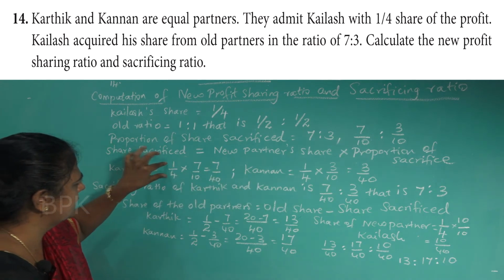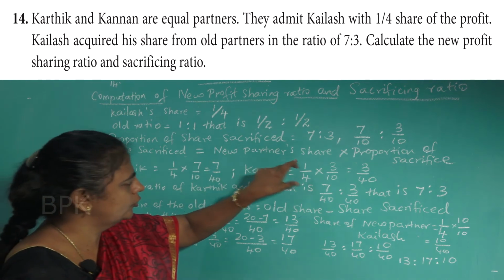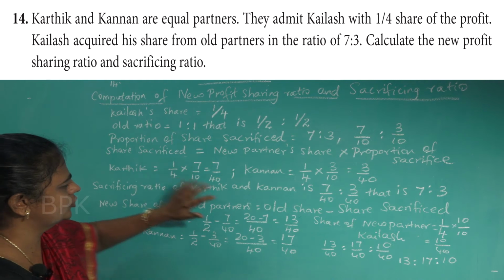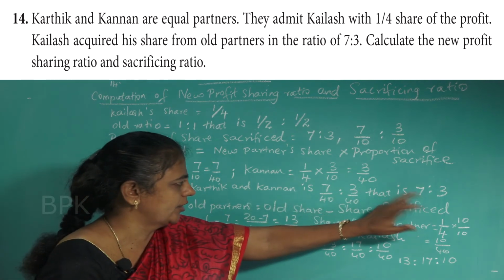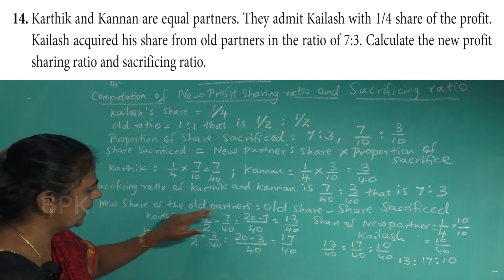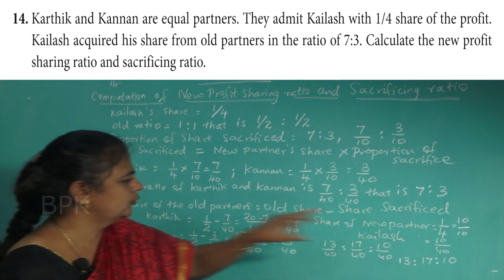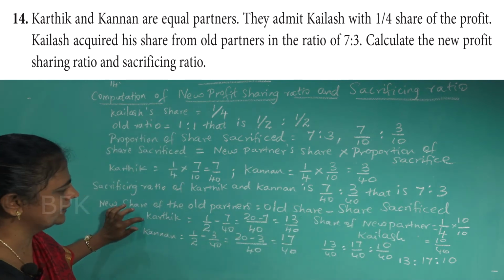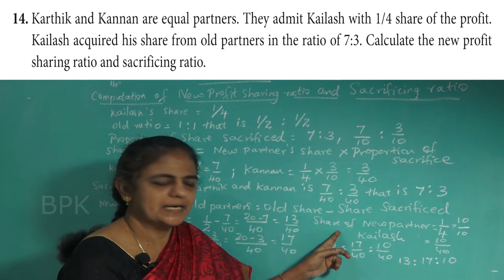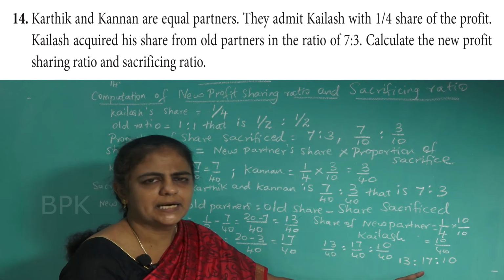Take the new partner's share into Karthik's proportion, and then the new partner's share into Kannan's proportion. So the sacrificing ratio of Karthik and Kannan is 7 is to 3. Then find the new share. The formula for the new share of the old partners is old share minus share sacrificed. Use this formula, calculate for Karthik, calculate for Kannan, and Kailash's share is already given as 1 by 4. With the help of that you find out the ratio.